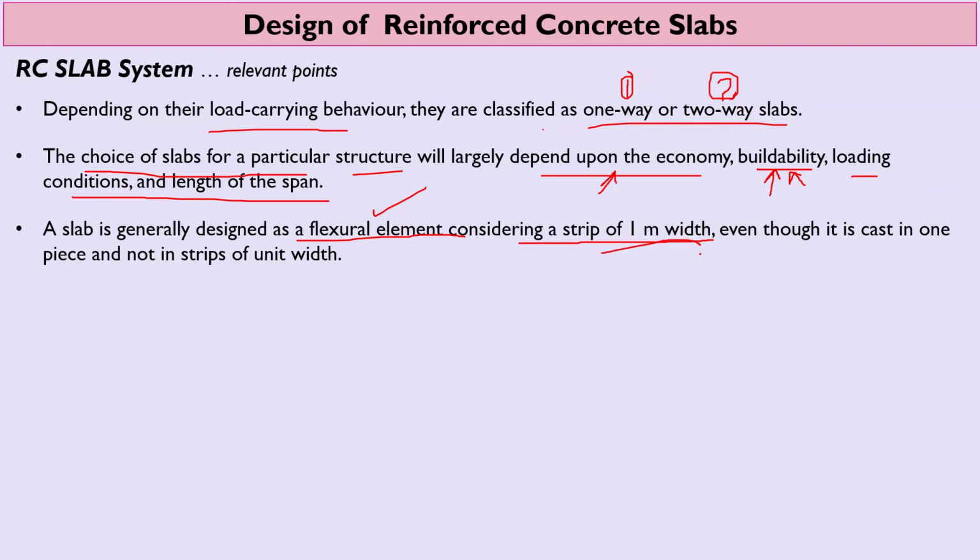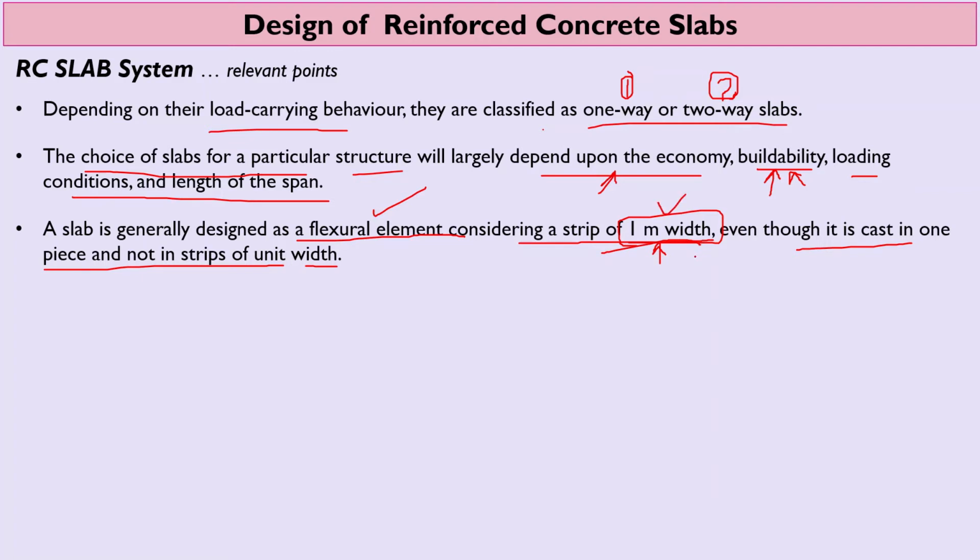That means whatever reinforcement is designed in 1 meter width will be taken throughout the slab. So even though it is cast in one piece and not in strips of unit width, the methodology of designing the slab is by taking 1 meter width.